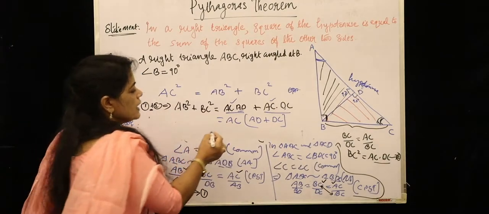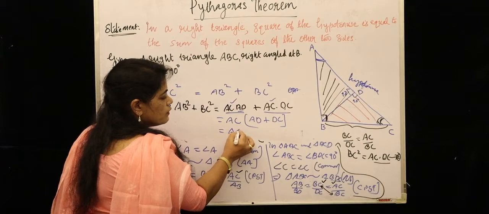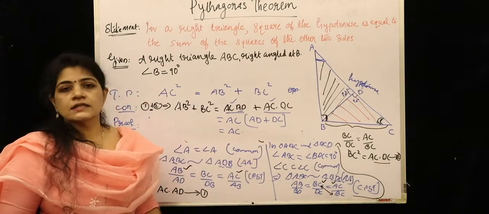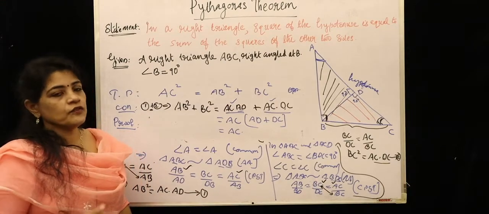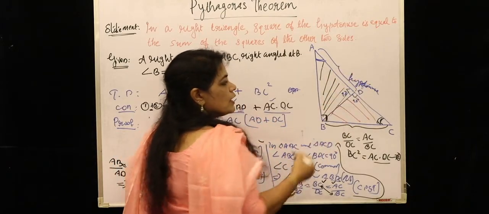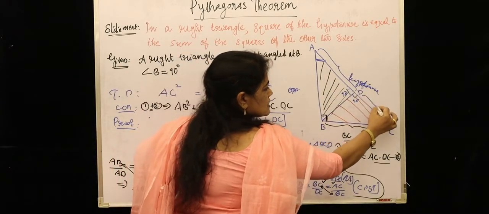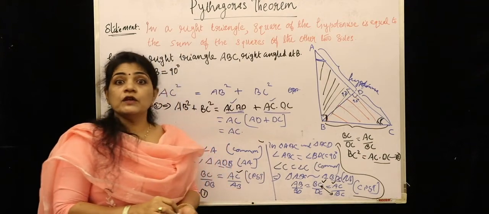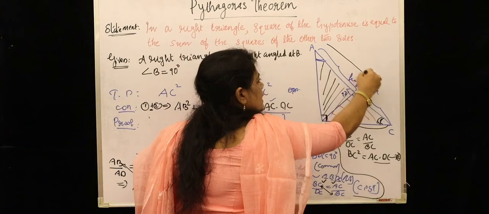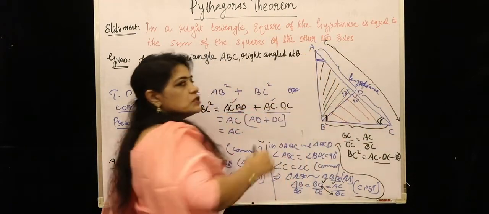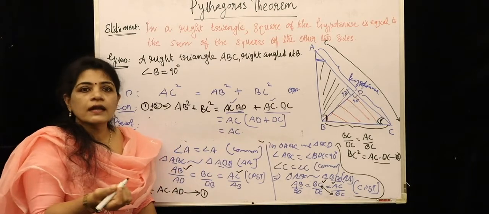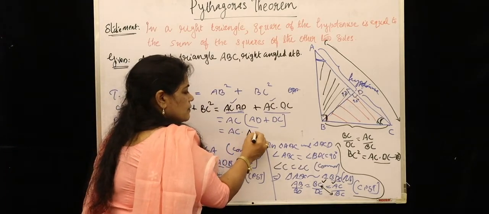AC is one of the sides that we need. And AD plus DC, from the figure, see the figure children, what is AD? This portion, plus DC, this side. When you add these together, AD plus DC, you will get this whole length AC. Understood?